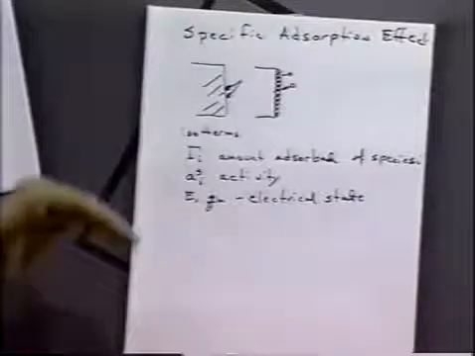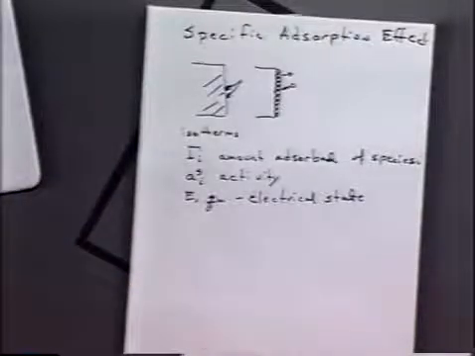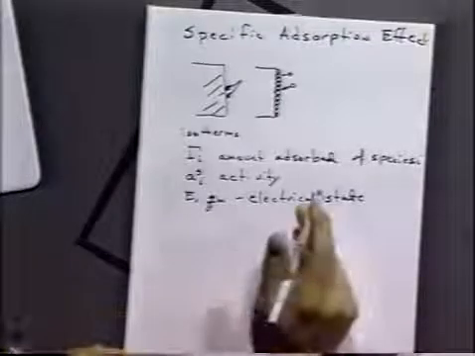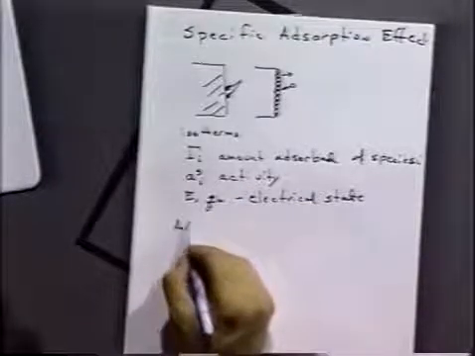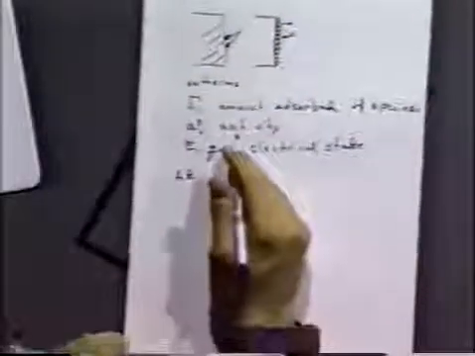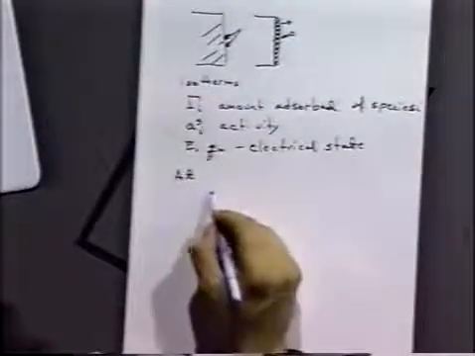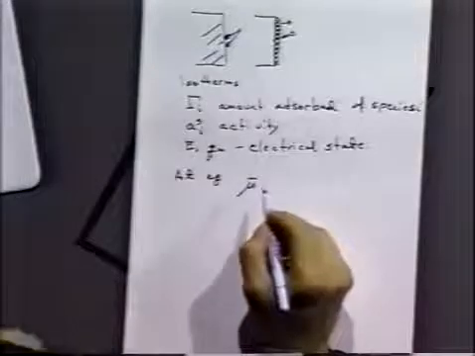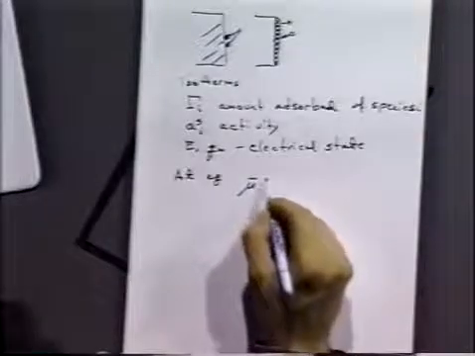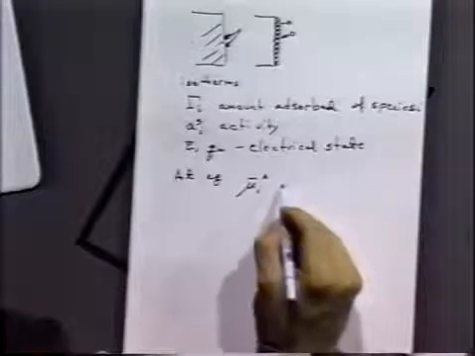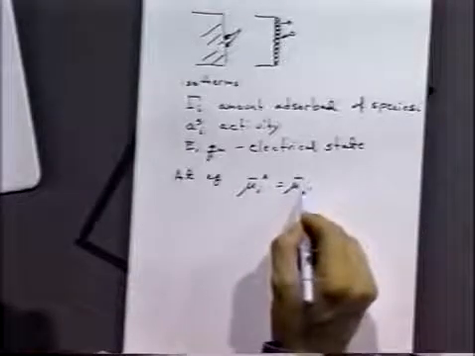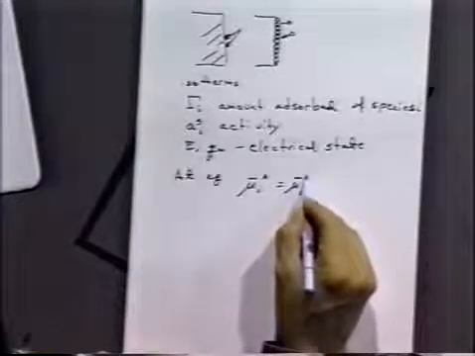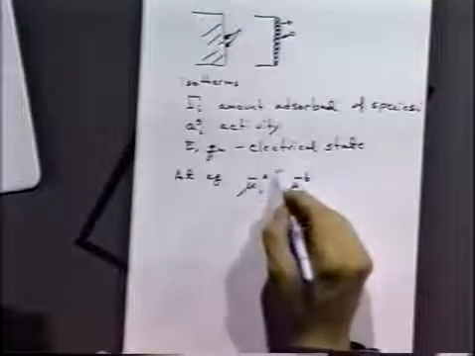So we want to know how much is adsorbed depending on how much stuff we have in solution and the potential or charge on the electrode. Now at equilibrium, we have to have this to be true. The electrochemical potential of species I that's adsorbed has to be equal to the electrochemical potential of species I that's in the bulk solution.